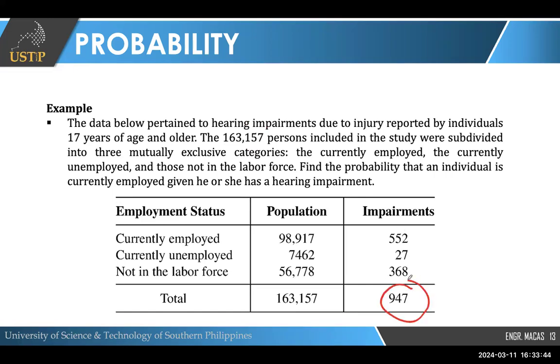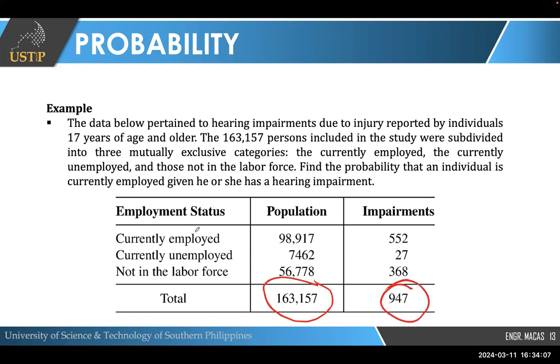If you see the tabulation, 947 have hearing impairments, meaning something is wrong with their hearing. But the total number of people in this study is 163,157. Not all have hearing impairment.